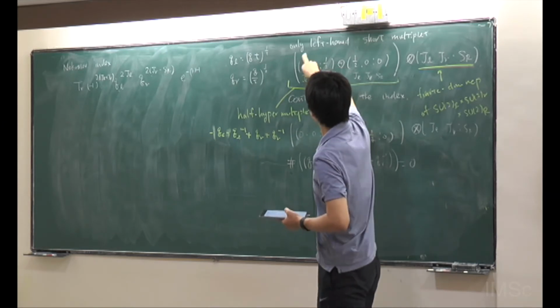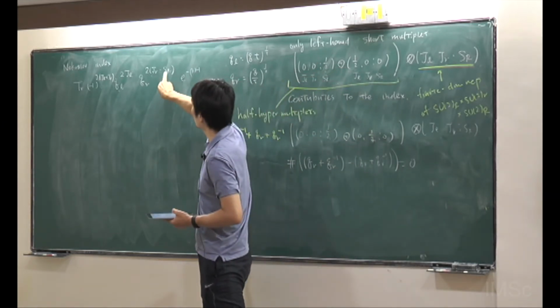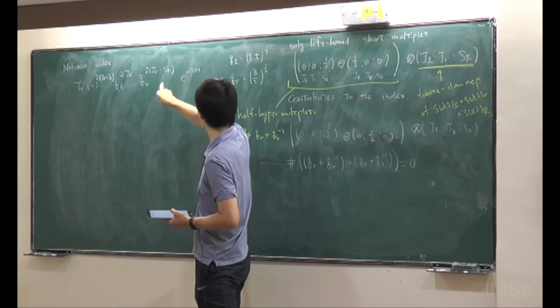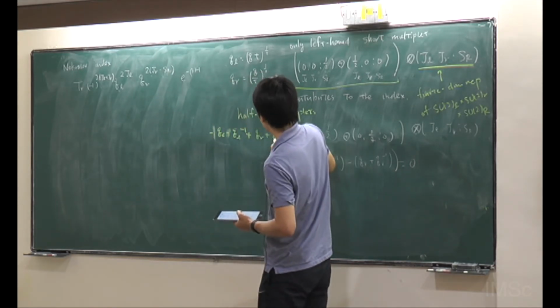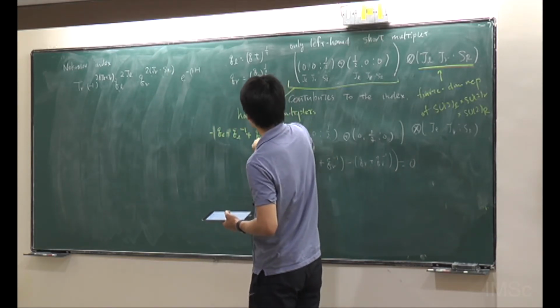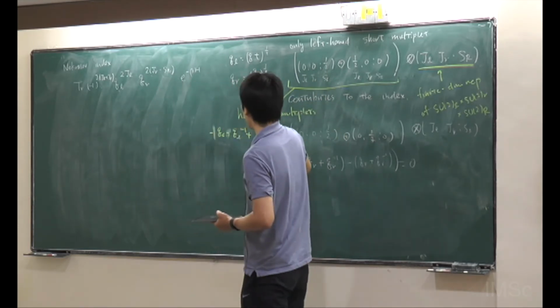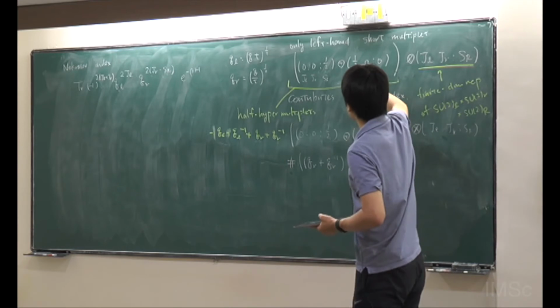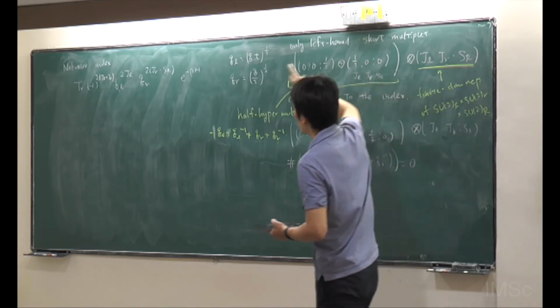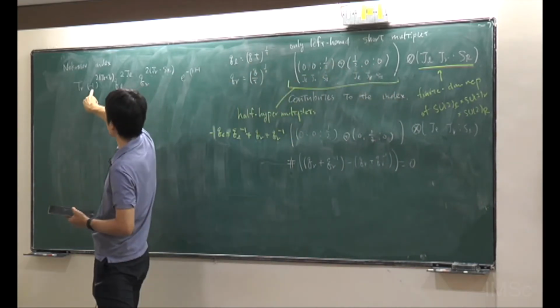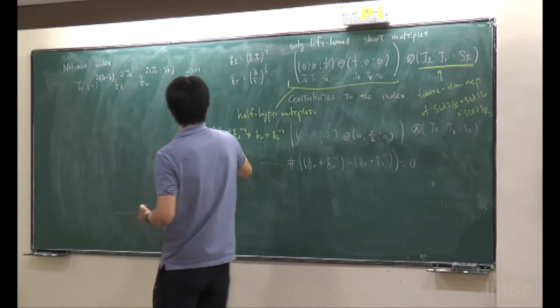If you substitute 1/2 you get the QR inverse, and if you substitute -1/2 you get the QR. It's a fermionic field, so you have to have a negative sign here.